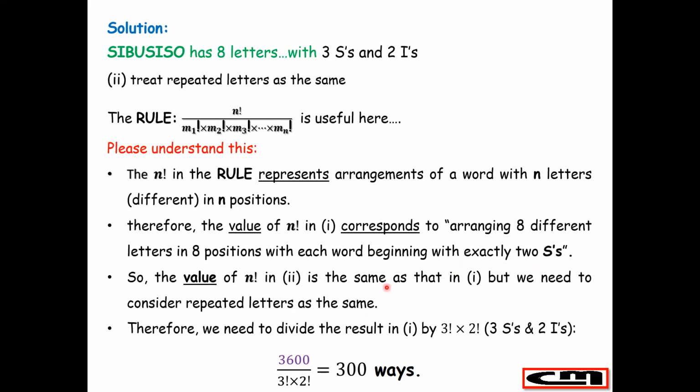So as such, this is how I thought I should explain so that you understand. It could be you have a different explanation, but that's my explanation in trying to justify why I am taking 3,600 as the numerator when I'm applying this formula.